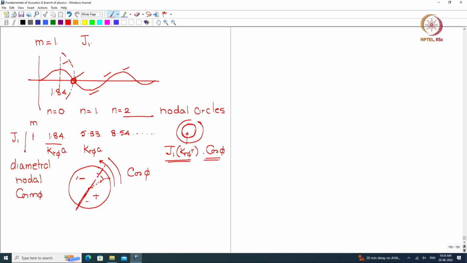So for n equal to 0, no nodal circle. N equal to 0 is here, n equal to 1 is here. Now in the middle there is a node point, a 0 point, so there will be one nodal circle.